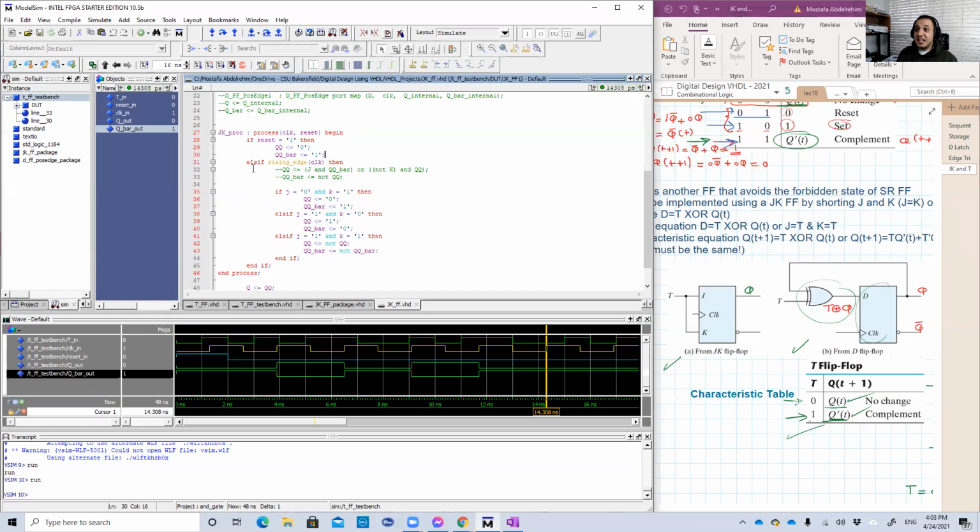Else if rising edge of the clock, then if T equals 1, with no else in this case. That's basically how to do the T flip-flop using the process statement and an if statement.